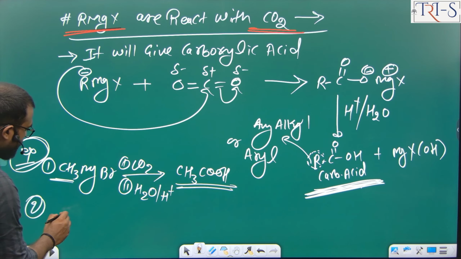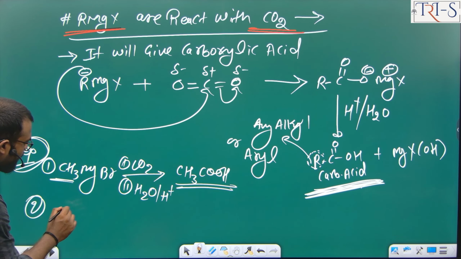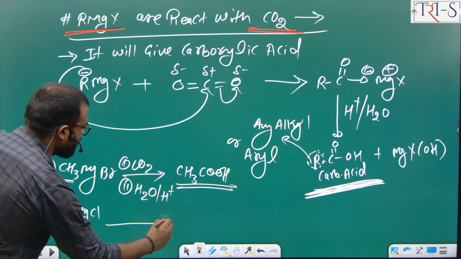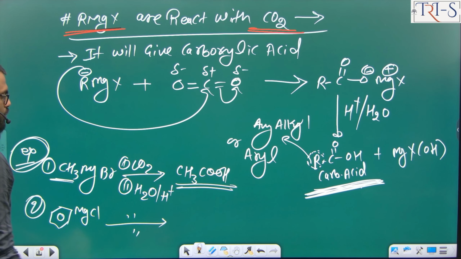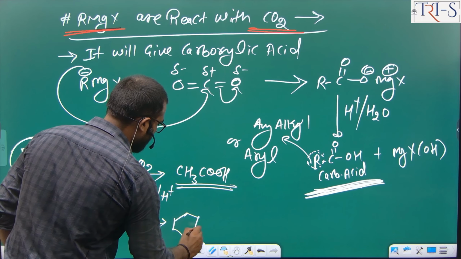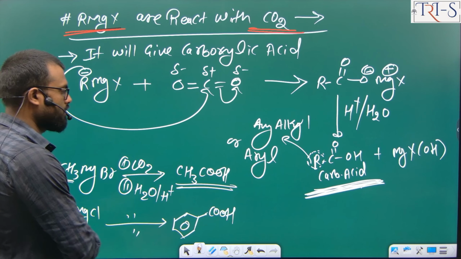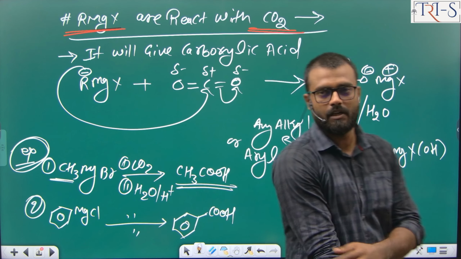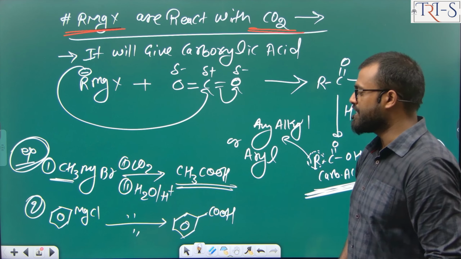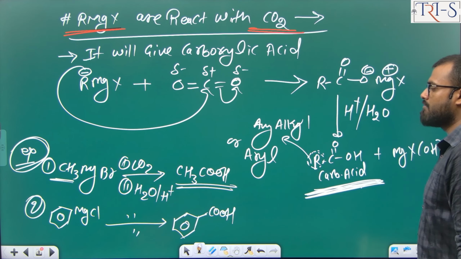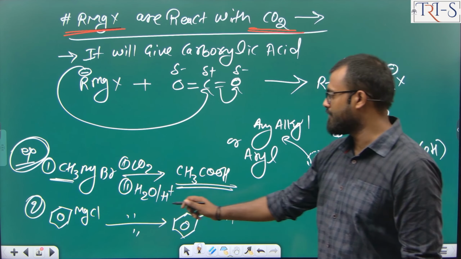Next, if we take phenyl magnesium halide, that is phenyl magnesium chloride or bromide, anything, with CO2, then it will give benzoic acid. Benzoic acid is a very important compound, obtained by the reaction of phenyl magnesium halide with CO2.